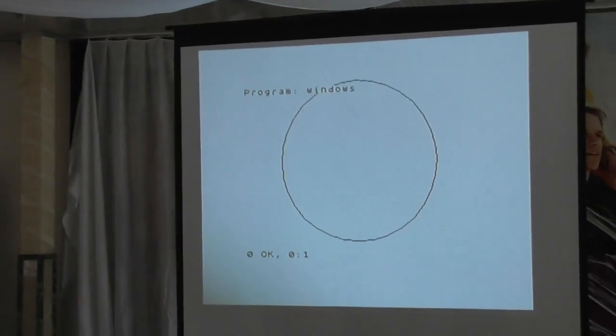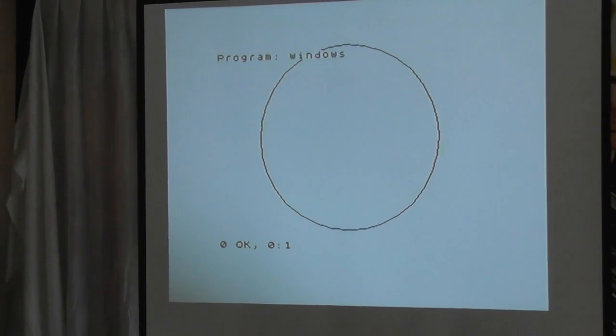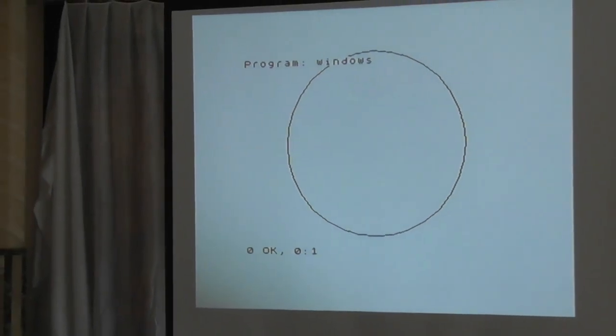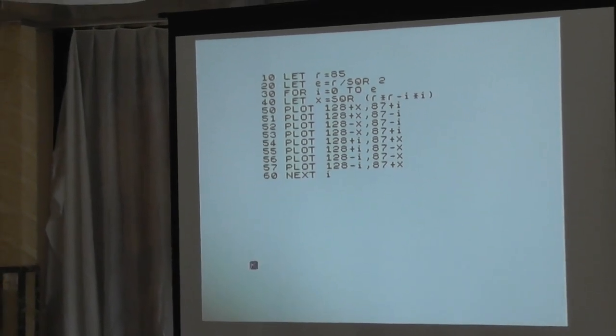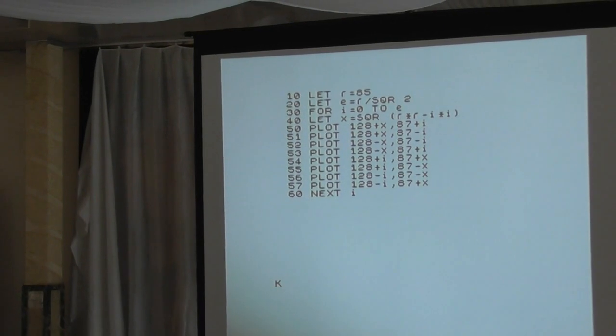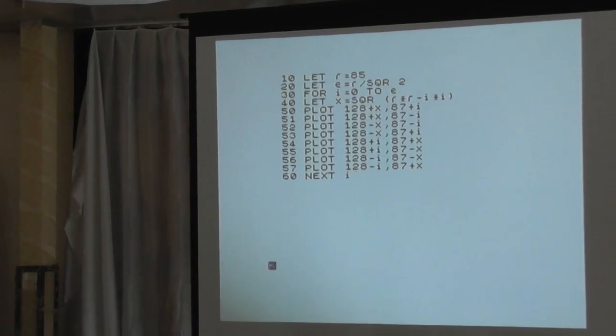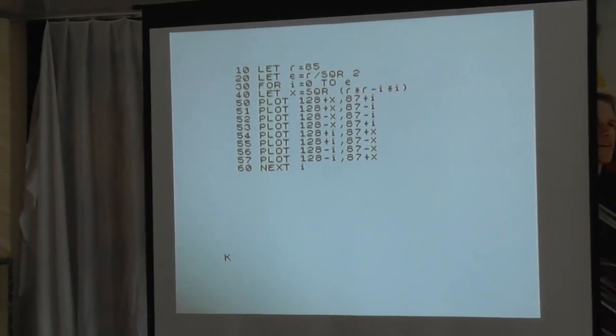I'm calling this Windows because this is actually the circle drawing algorithm which you find in the Windows operating system. It uses two observations. One observation is that circles have a rotational and a mirror symmetry.